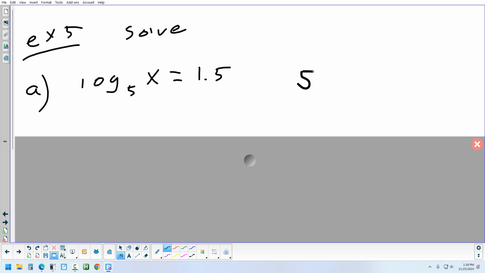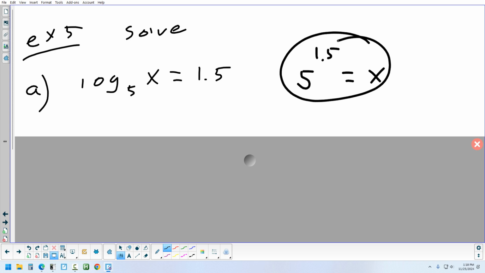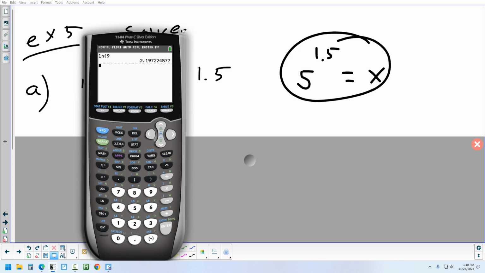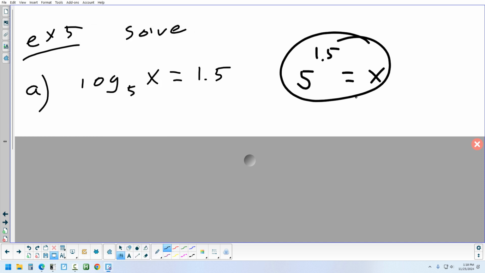So 1.5, the logarithm always equals your exponent, equals x, and the argument ends up by itself. And that's it. That's your answer. Now if they wanted that, here you do need a calculator. 5 raised to the 1.5 is about 11.18. They don't ask for a decimal, I would just leave it like that though.